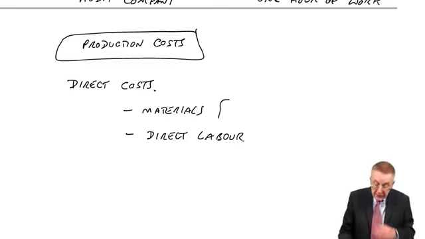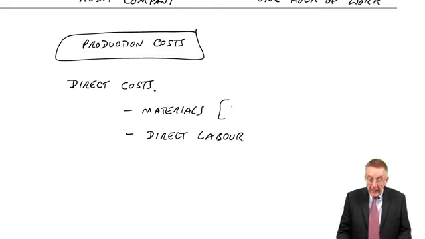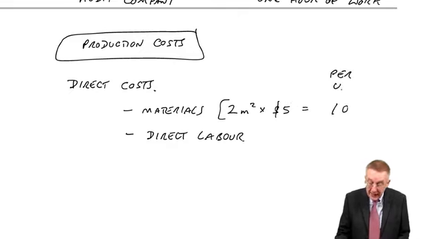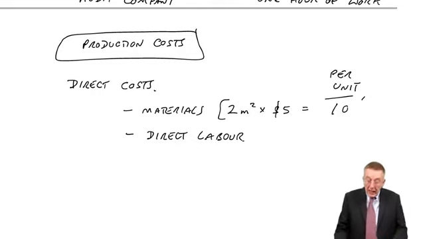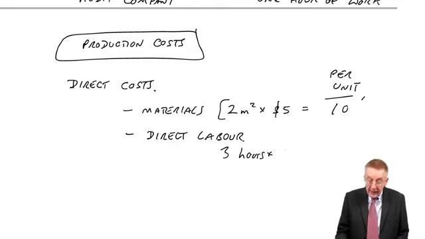So you see materials, maybe it is 2 square meters and it's $5 a square meter. So per unit, per desk, $10. Maybe the labour, let's say it's 3 hours and we pay them $10 an hour.